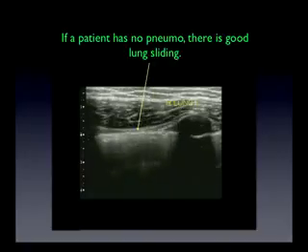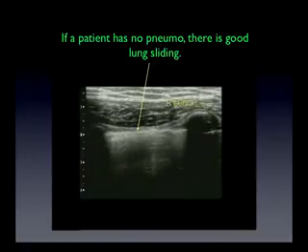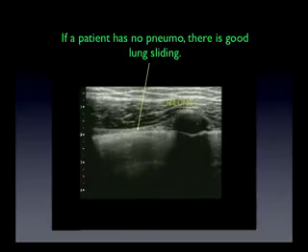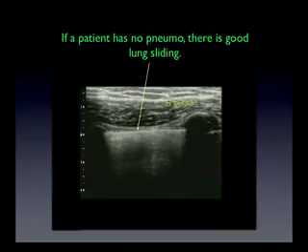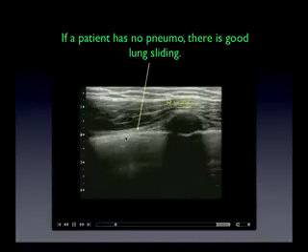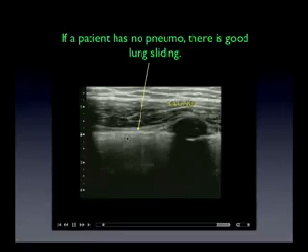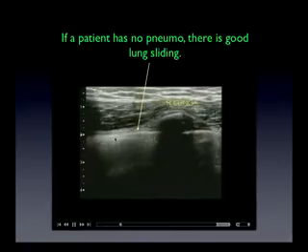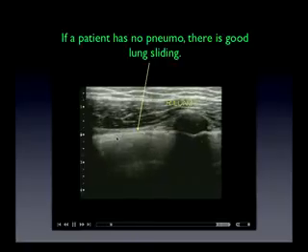Now let's look at ultrasonography as it relates to pneumothorax. If the patient has no pneumothorax, there's what's known as lung sliding. So over here on this loop, we can see that there's subcutaneous tissue, the interface of the parietal and visceral pleura.